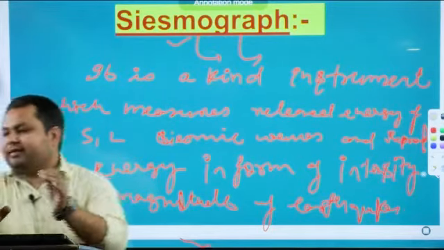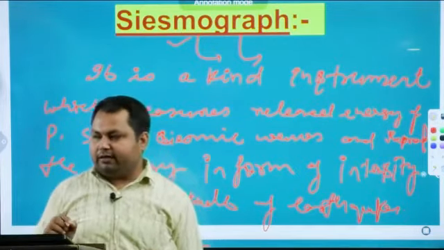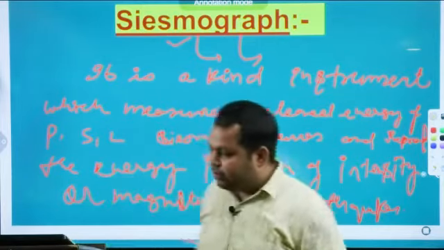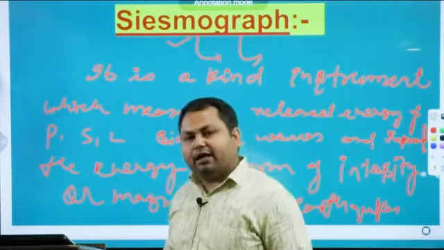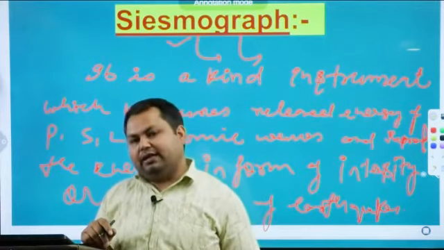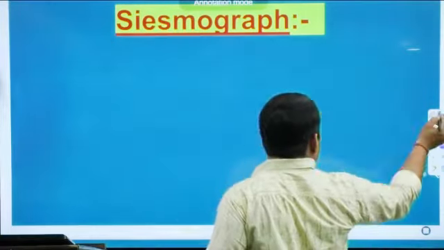So the Richter scale has global recognition. Now we need to study the Richter scale too, because UPSC has asked questions related to the Richter scale or the seismographs in preliminary examinations.